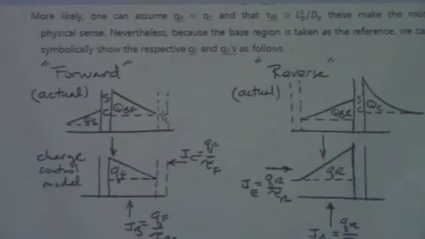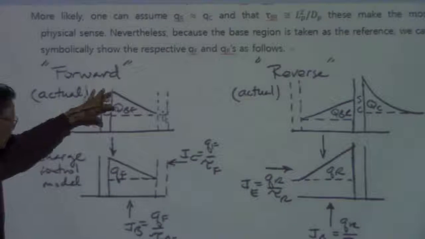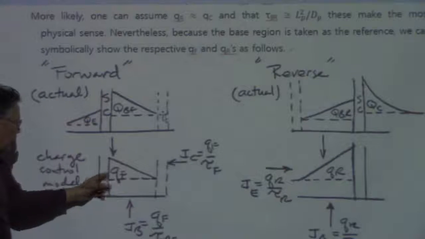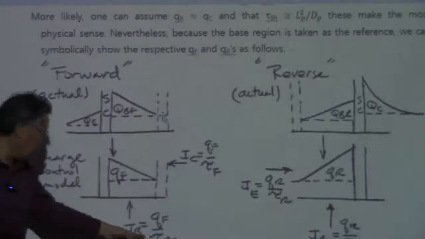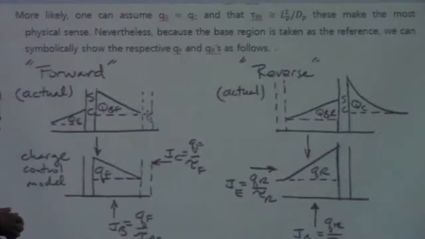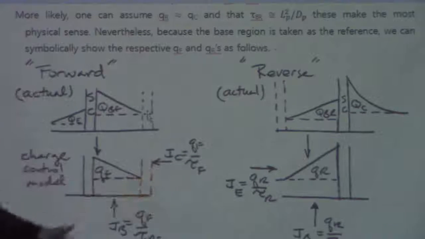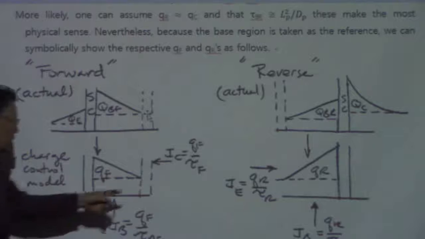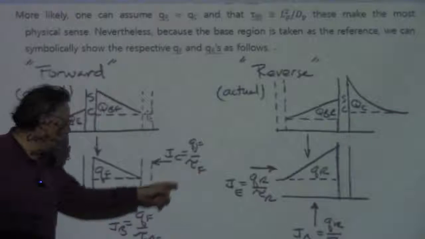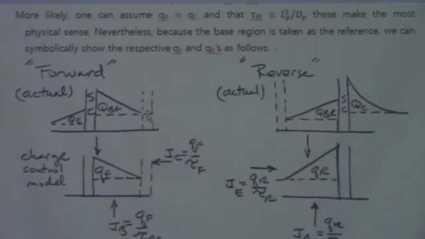And then in the summary, what we try to do is, in forward bias, we have two charges, and these two charges are going to be lumped into the QF, small qf, and with this we set the characteristic time, which should be consistent in the sense that the current is the charge divided by the characteristic time. This characteristic time derivation is important, and between these characteristic times we can find relations.